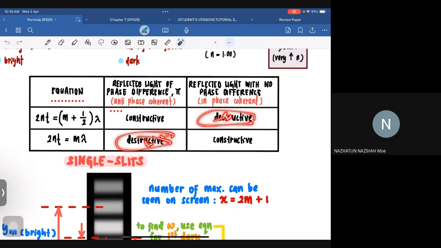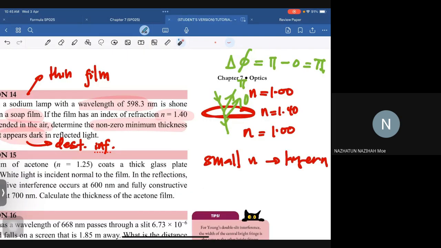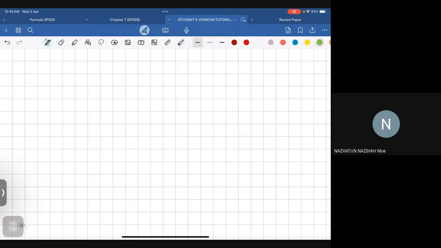Tapi kita sudah identify dia ada phase difference. So which one? We are gonna use this one lah, the left column. Meaning kita akan guna this formula, 2nt equal to m lambda. Okay, so kita sudah identify kita punya formula is 2nt equal to m lambda.